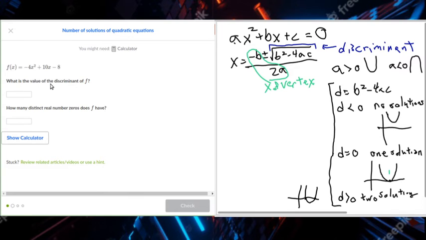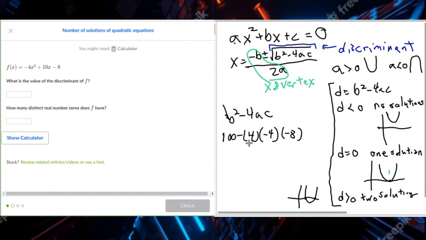Second, what is the value of the discriminant of f? The discriminant is b squared minus 4ac, and here we've got that already in this form. So b squared is 100 minus 4 times a, which is negative 4, times c, which is negative 8.